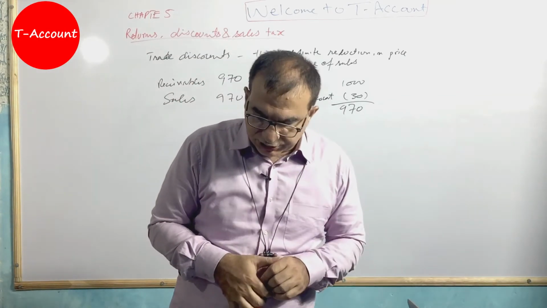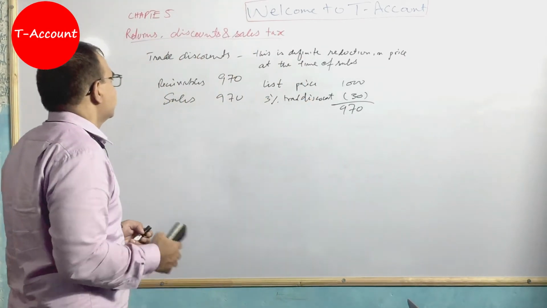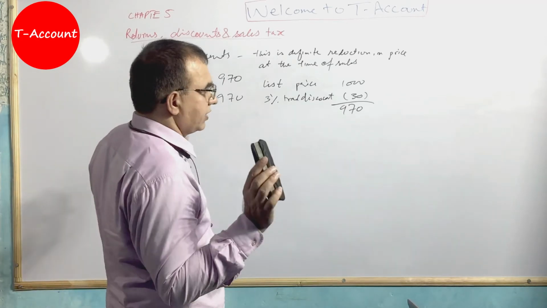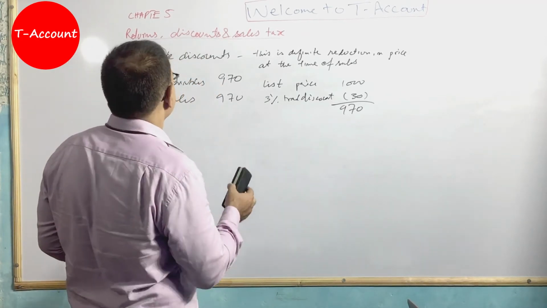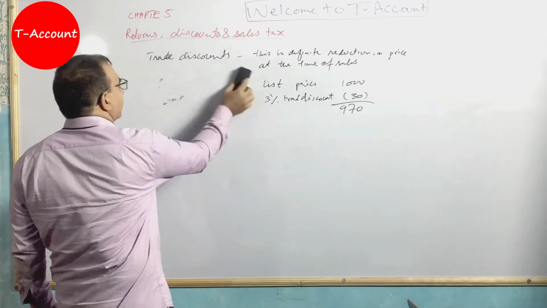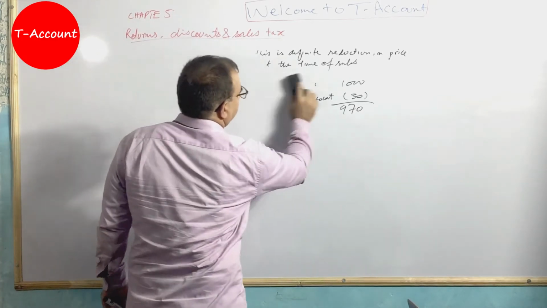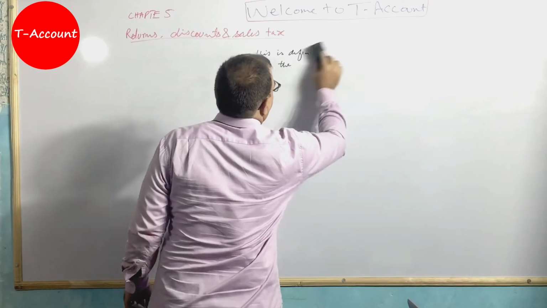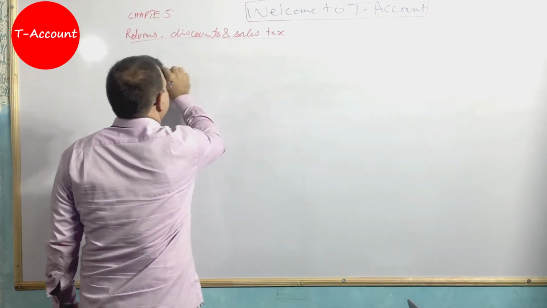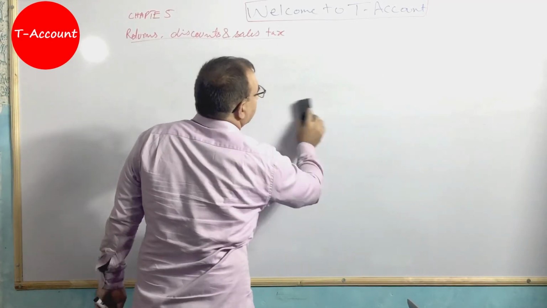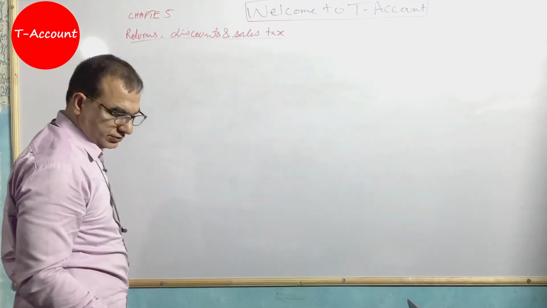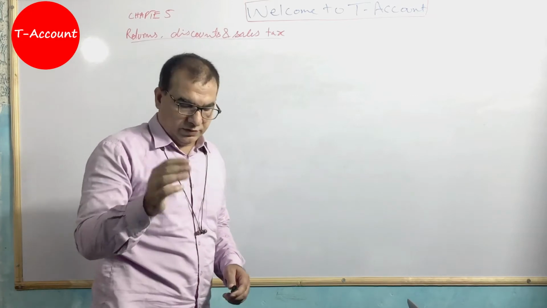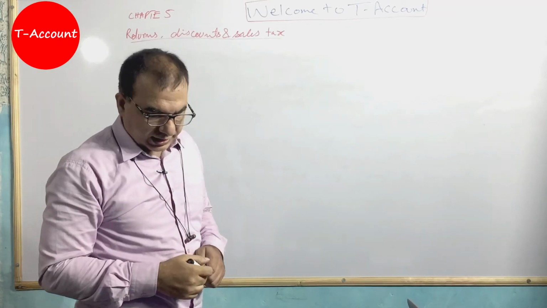So there is no reduction after this. Keep it in mind that once you have decided to give the trade discount, that is the final value of your sales. So there cannot be further decrease in that.